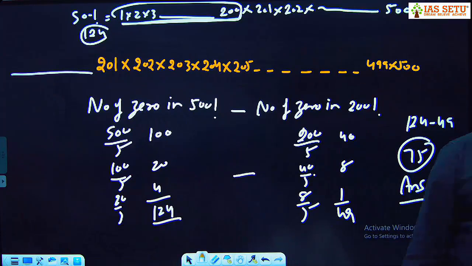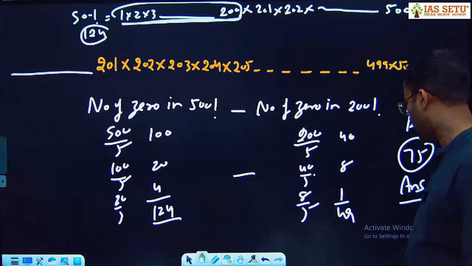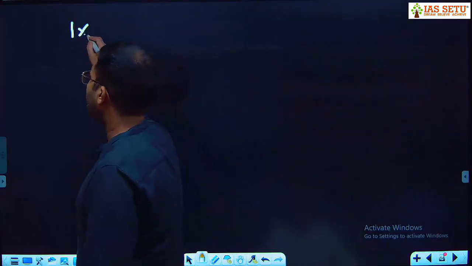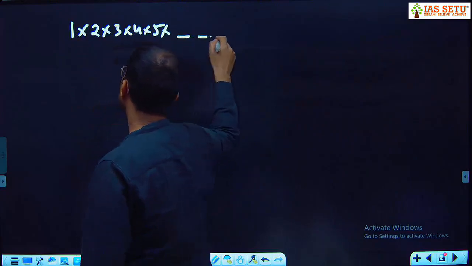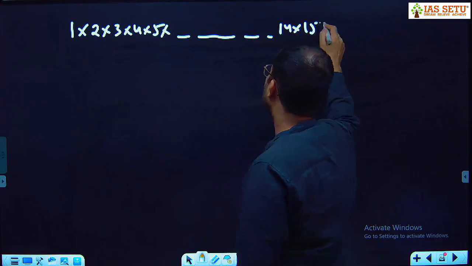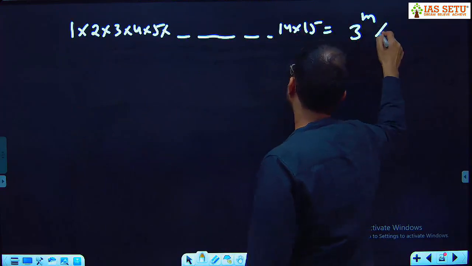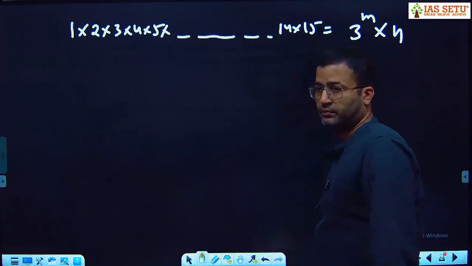Now here, next question, which has been asked in UPSC previous year. 1 into 2 into 3 into 4 into 5 and so on up to 15 is equal to 3 to the power m into n. They have given this.